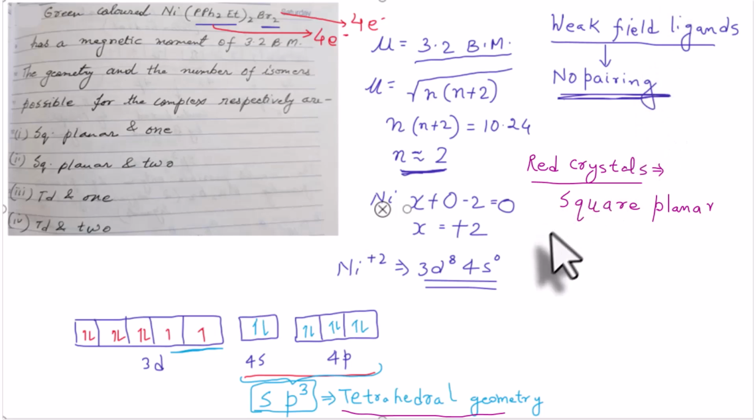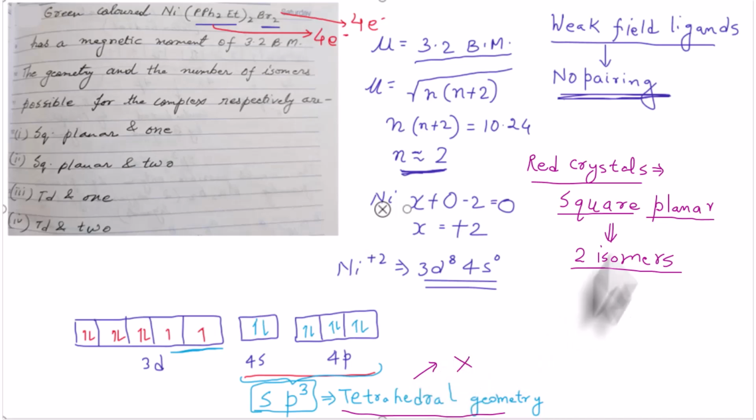That means square planar geometry exists for this complex, and that is why it can have two isomers, which we will see now. And that is the second part of the question, the number of isomers. So the isomers are not coming from the tetrahedral geometry but from the square planar geometry, which is part of the red crystals of the same complex.